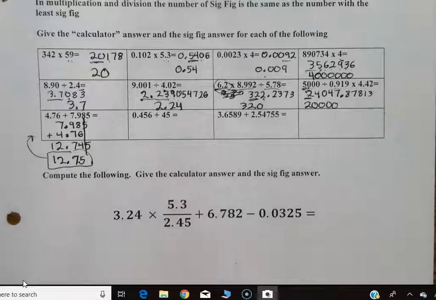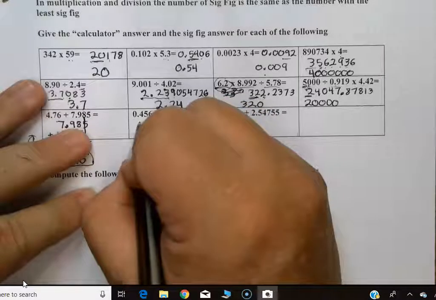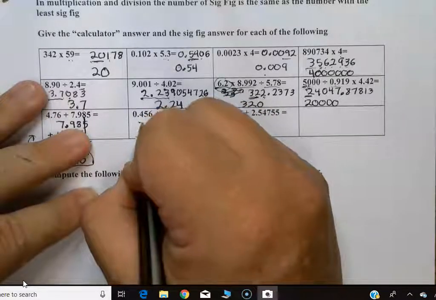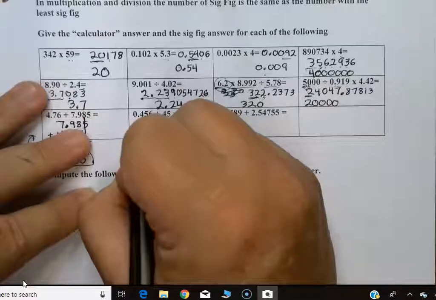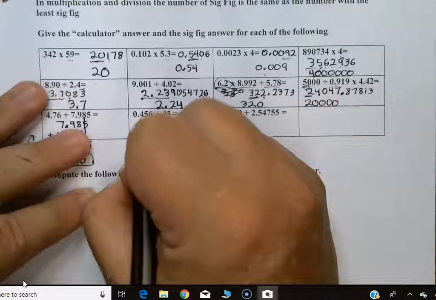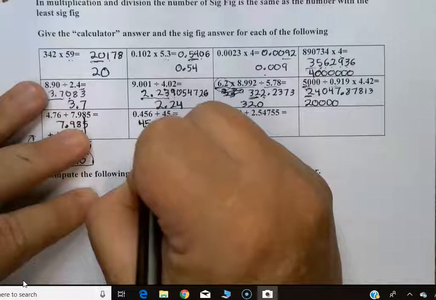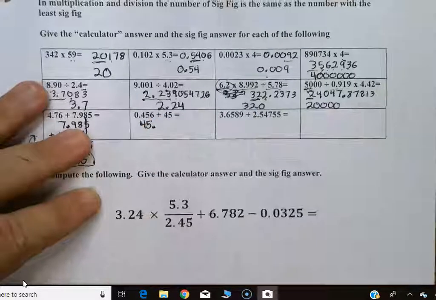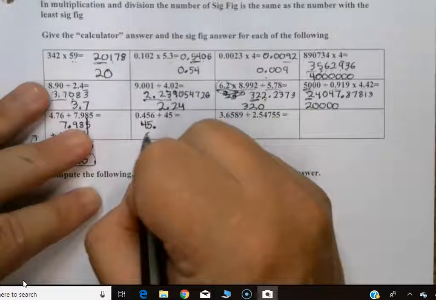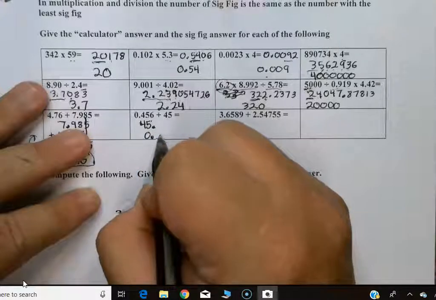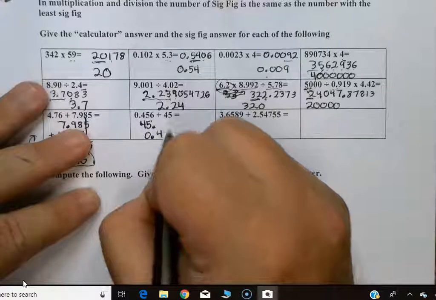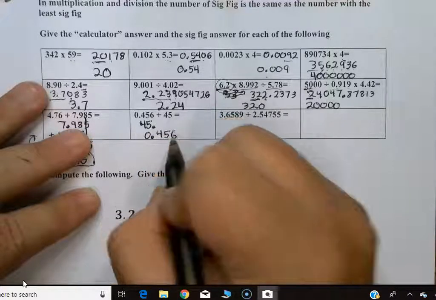All right, next one. It doesn't matter which one goes on top, just be sure the decimals are lined up. You have 45, now it doesn't have a decimal, so you can go ahead and place a decimal there. And then you have 0 decimal lined up, 4, 5, 6.